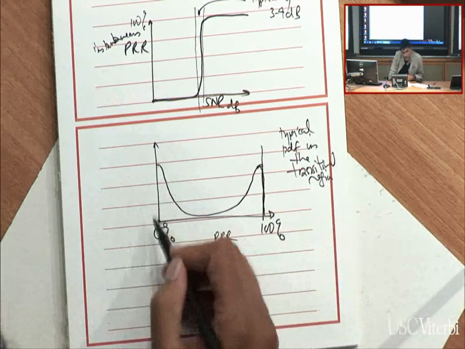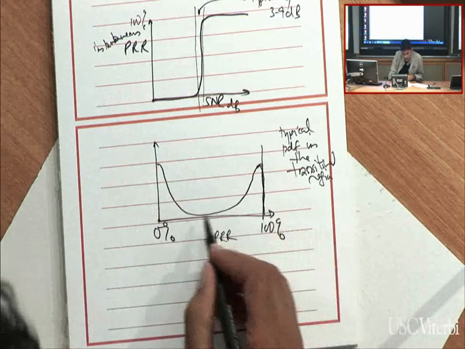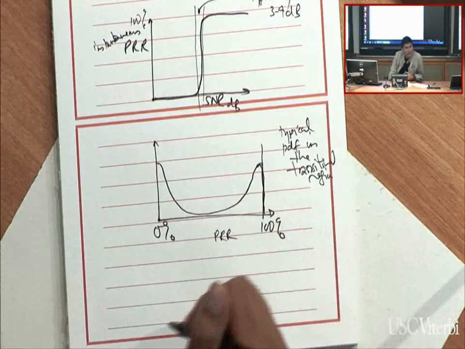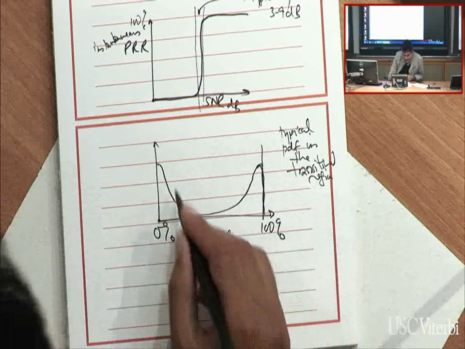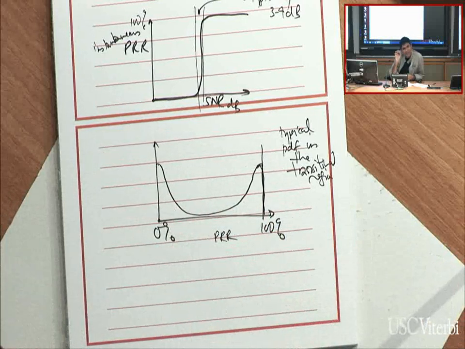So you're seeing a lot of links with low quality, a lot of links with high quality, and maybe a relatively smaller number of links right in the middle. And this dip is because the range over which you would get intermediate PRR values is not very large. Okay, so that's the intuition.